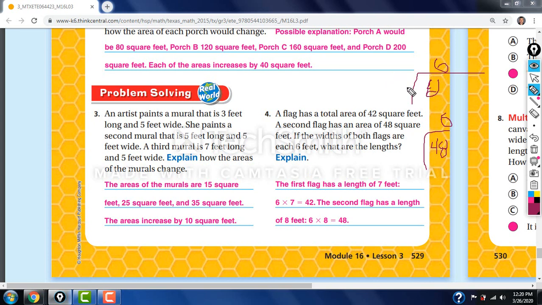All I have to do is figure out the missing factor here. 6 times what gives me 42? 7. 6 times what gives me 48? 8. So the length for the first flag is 7. The length for the second flag is 8.